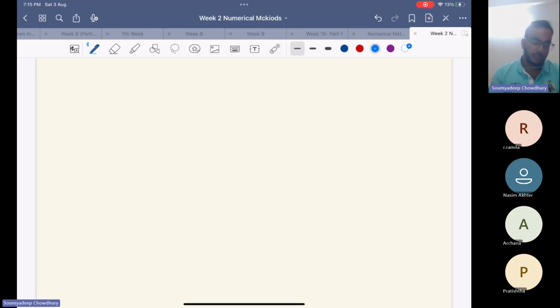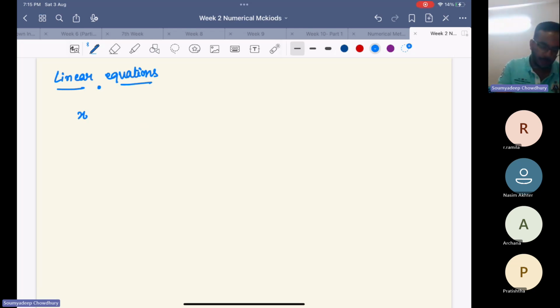Fine. Okay. So suppose I have two variable equations: x minus 2y equals 1, and I have another equation, which is 3x plus 2y equals 11.